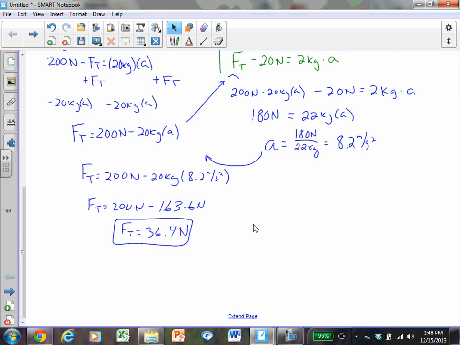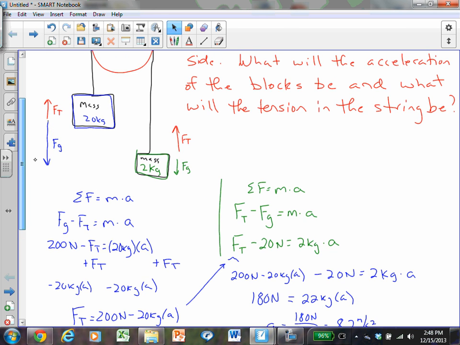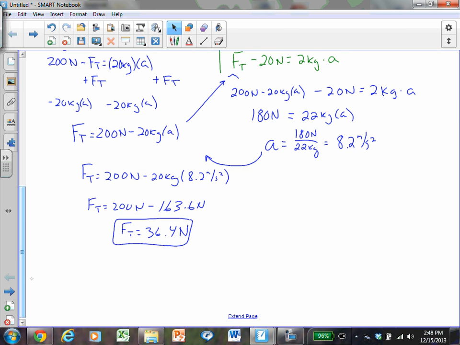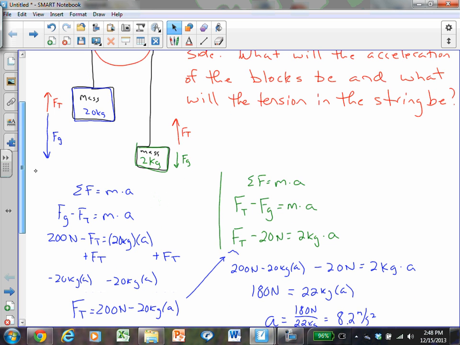Okay, so that's just an example problem for an Atwood machine. Two free body diagrams, two equations, two unknowns, solve them.